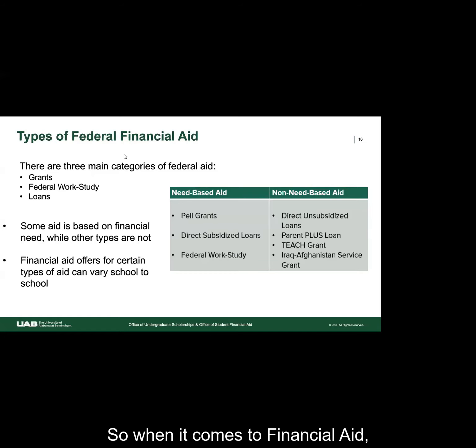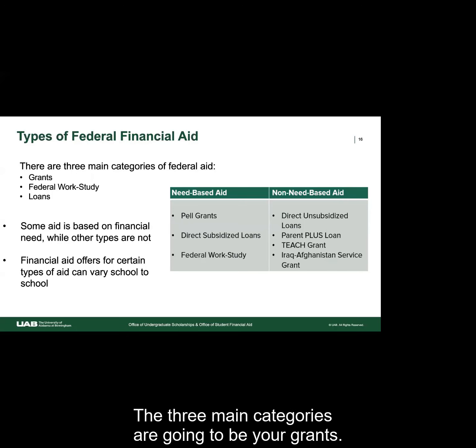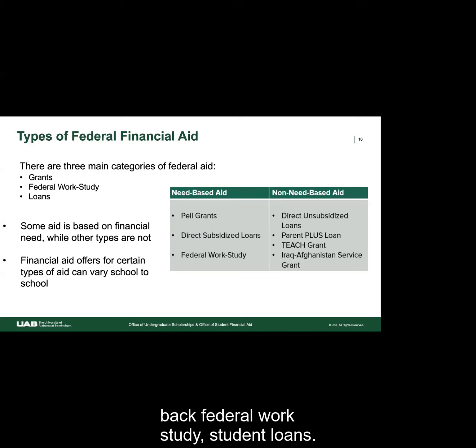All right. And so when it comes to financial aid, you're going to look into a few forms of federal aid. The three main categories are going to be your grants, those are funds you don't have to pay back, federal work study, and student loans. Some aid is based on financial need, and others is not.